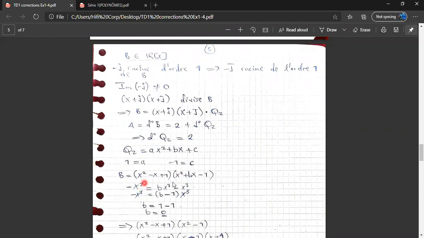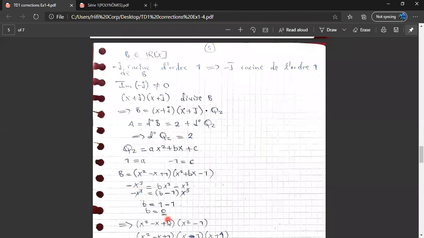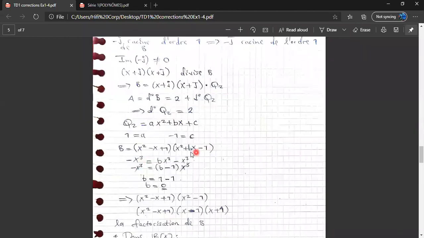But this times this will be beta x³, and -x times this will be -x³. You factorize, cancel like terms together, beta equals 0. So if our beta is equal to 0, this whole part is equal to 0. Our decomposition is x minus x plus 1, x squared minus 1. When you multiply these powers, it will be equal to power 4.